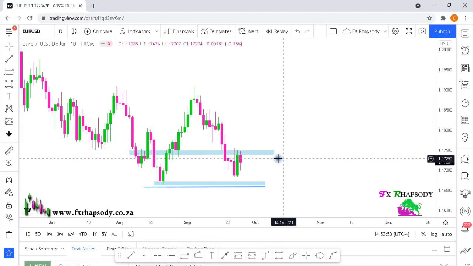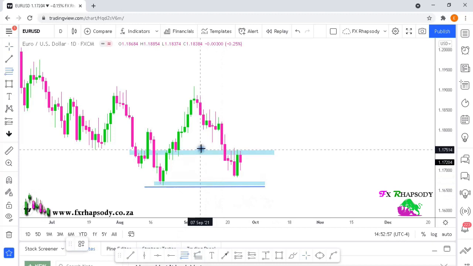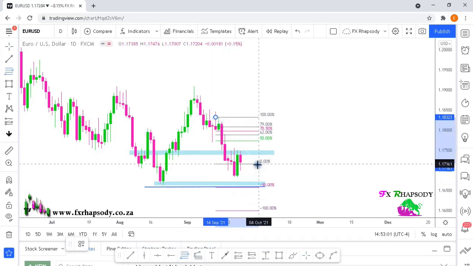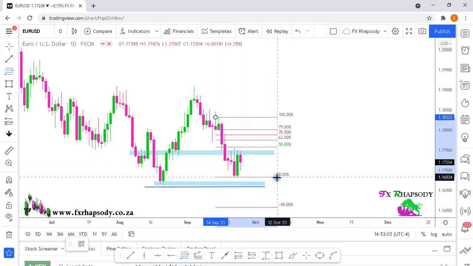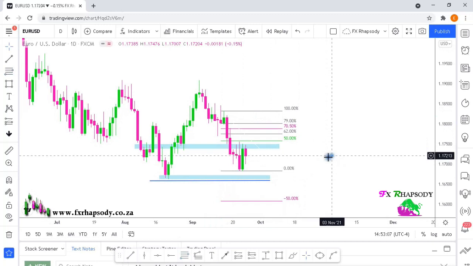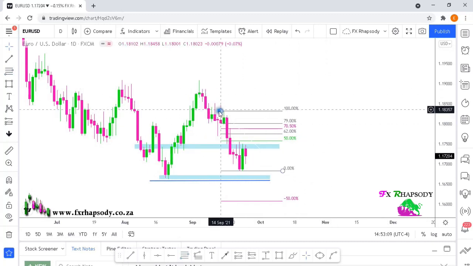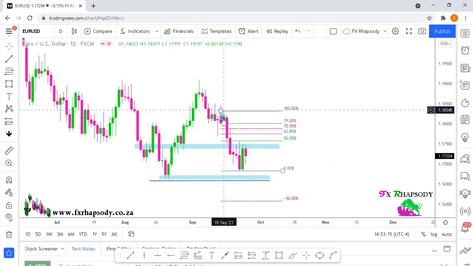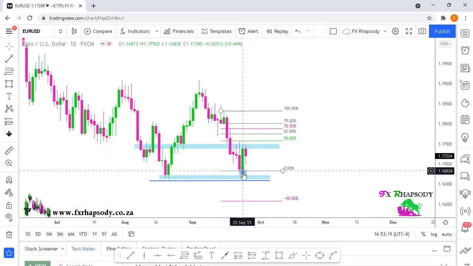Okay, so you can see if you take your Fibonacci, you take it from this high there. It was a little bit of a swing to this low. So what I would like to see, because you can see price came up, went down, consolidated, moved up and then down. So I'm taking it from the bullish candle in between the bears to the swing low over here.